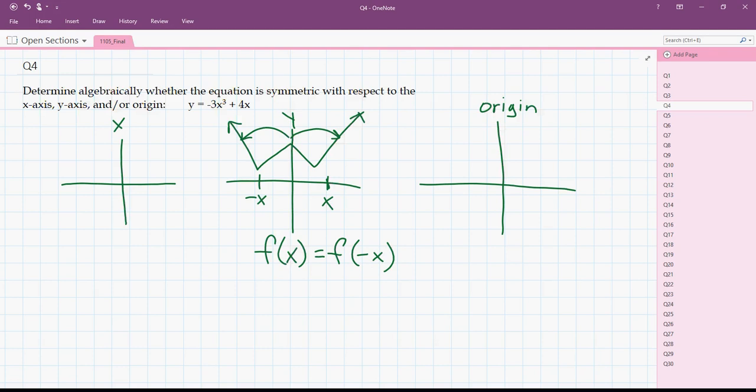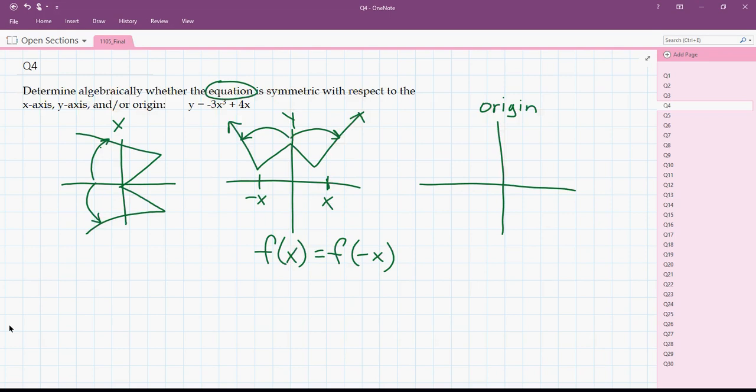For x-axis symmetry, what would that look like for a function? Okay, so for x-axis symmetry, we're going to have a figure that if you look over the x-axis, what's happening up here is mirrored down here.